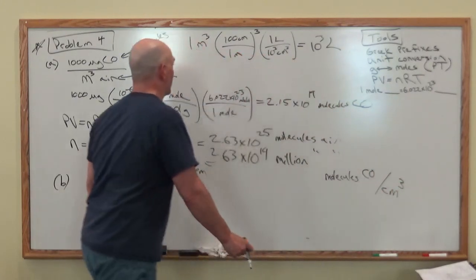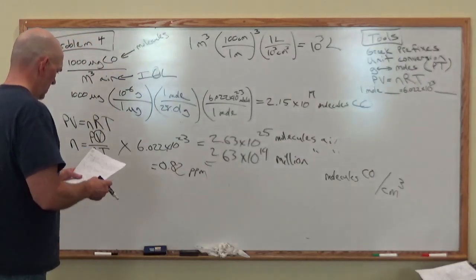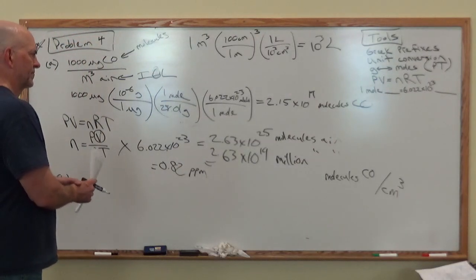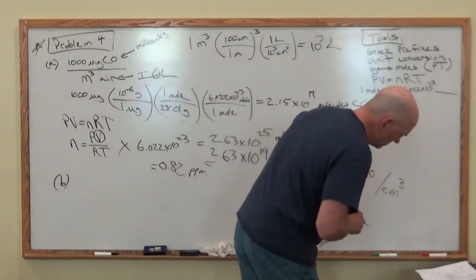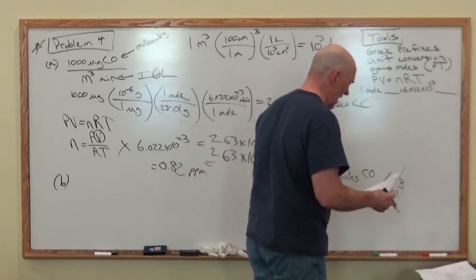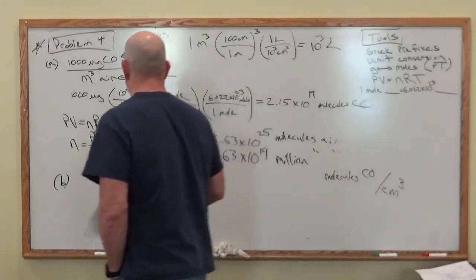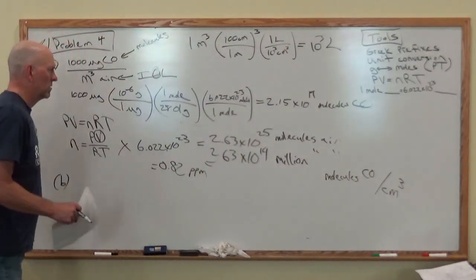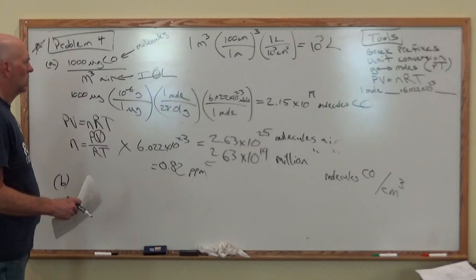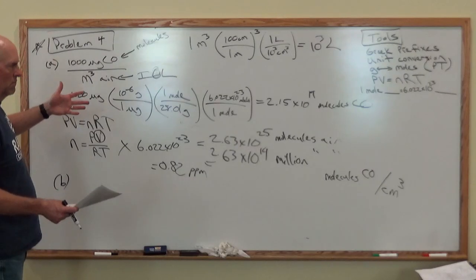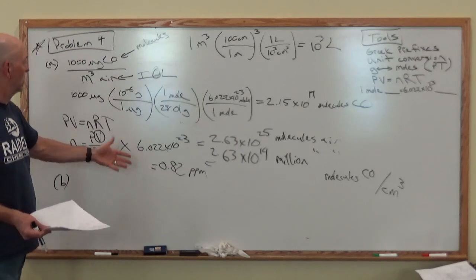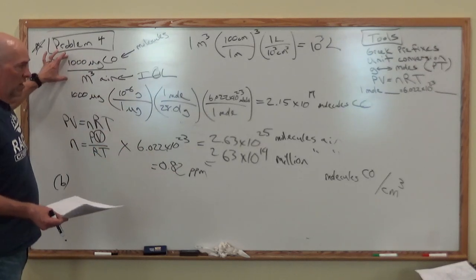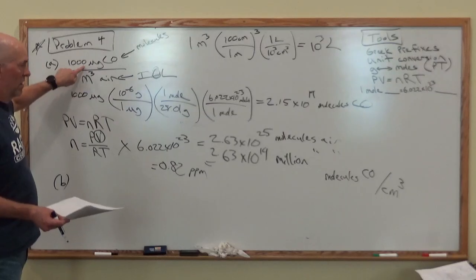Where does it make sense to start? I think it makes sense to start with the original number. I don't think it makes sense to start with ppm. Maybe it does. Maybe you have a better way. I think it makes sense to start here, because we can convert this to molecules pretty easily.